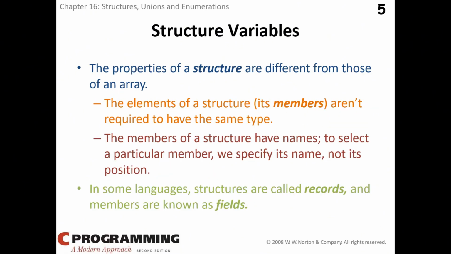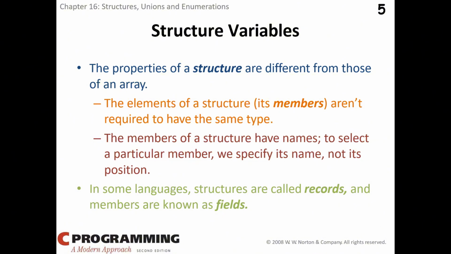So now let's discuss the concept of structure variables in C programming. Structures are different from arrays in several ways. Firstly, while arrays are comprised of elements of the same type, structures allow for members of different types within a single entity. Secondly, each member of a structure possesses a distinct name.